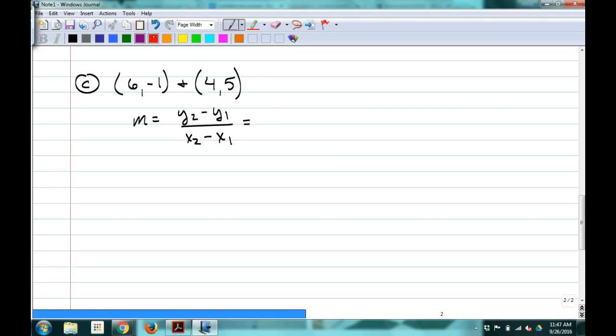So if I start with 5 minus -1 on top, what do I have to start with on the bottom? 4 minus 6. That would give me 5 minus -1 is 6. 4 minus 6 would be -2, and that reduces to be -3 over 1, or just -3. Not bad. Pretty easy thing. Okay.